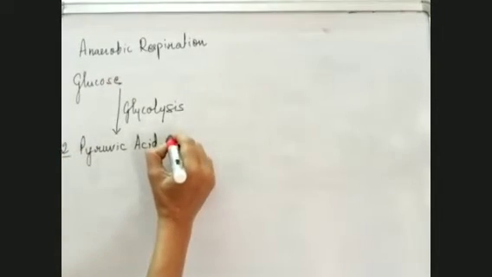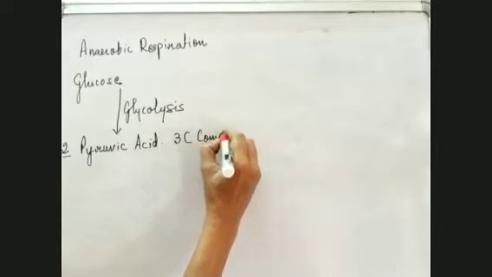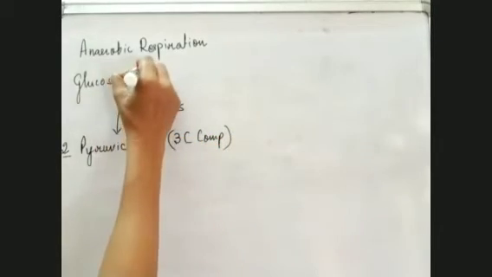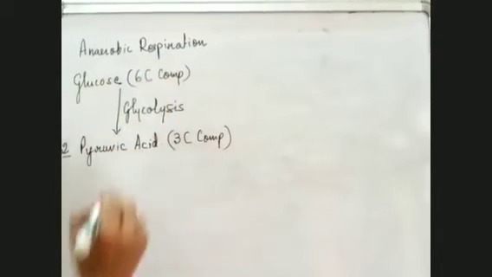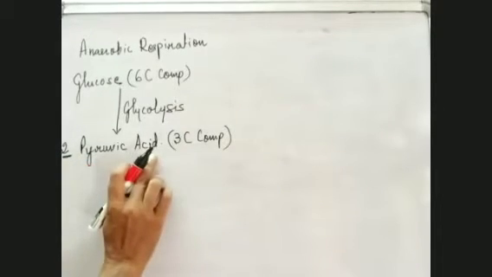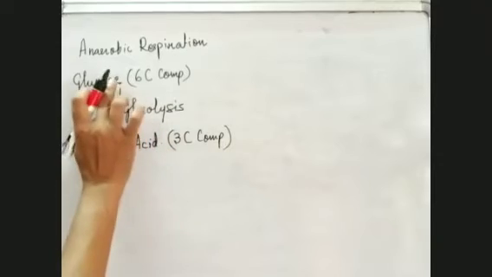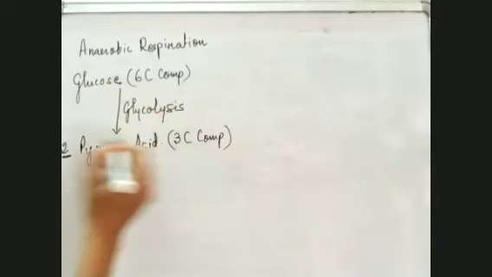Two molecules of pyruvic acid are formed, because pyruvic acid is a 3-carbon compound, and glucose is a 6-carbon compound. So only if 2 molecules of pyruvic acid are produced will all 6 carbons be utilized, because 3 2s are 6.